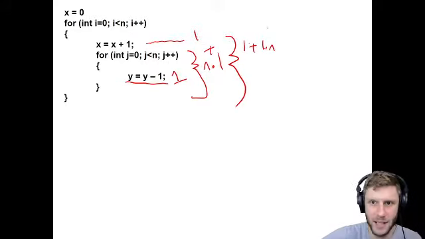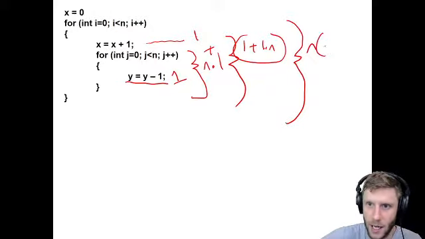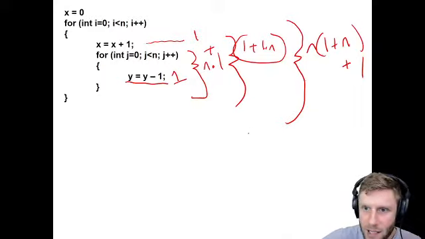And then how much is this part being run? Well, n times. So that's like n times 1 plus, I'm just going to do the n because I'm lazy, and then plus 1 because we've also got this thing here. So at the end of the day, let's expand this out.